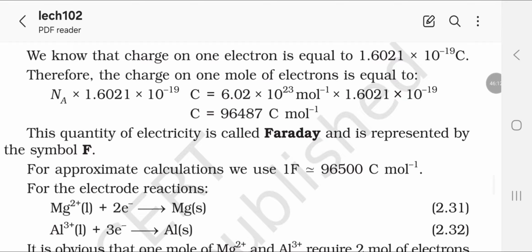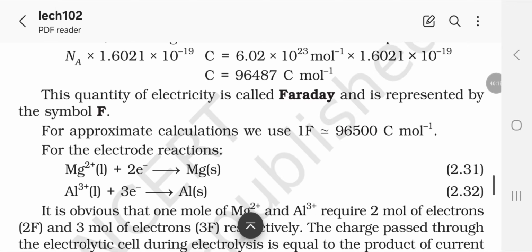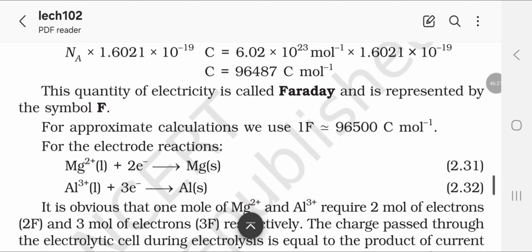This quantity of electricity is called Faraday and is represented by the symbol F. For approximate calculation, we use 1 Faraday equal to 96500 coulomb per mole.